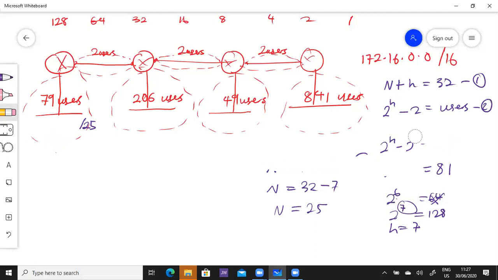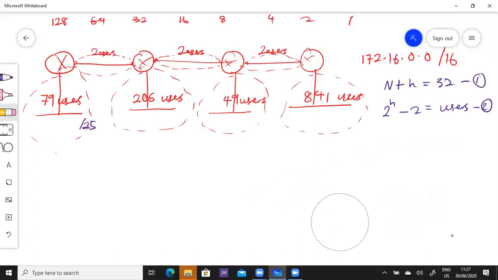Then I move to the 206 users. Don't be scared of the huge numbers. They are just numbers.